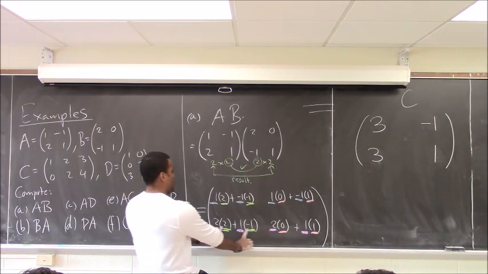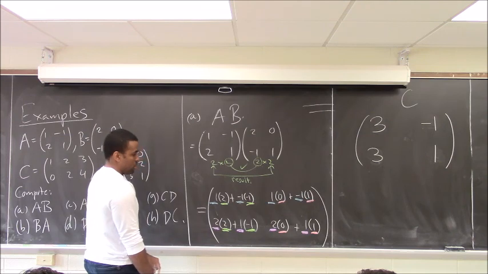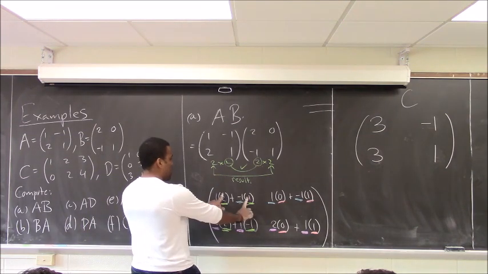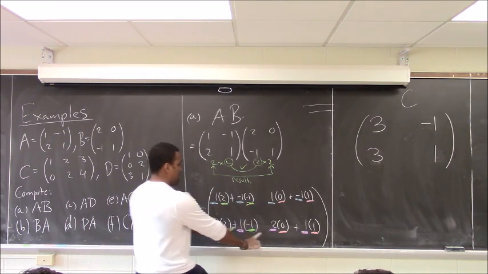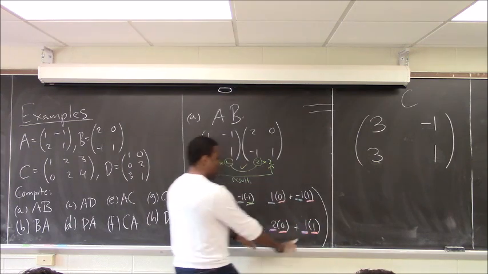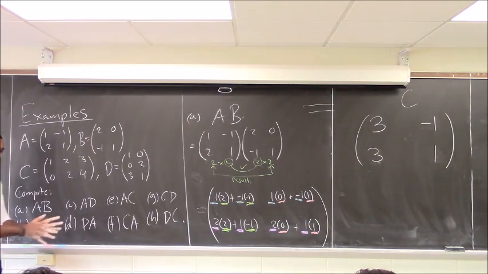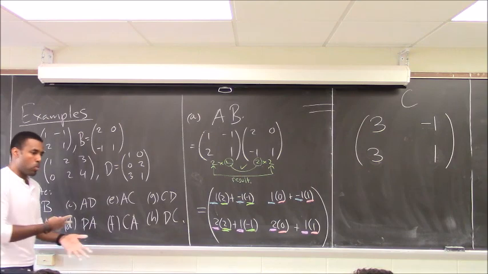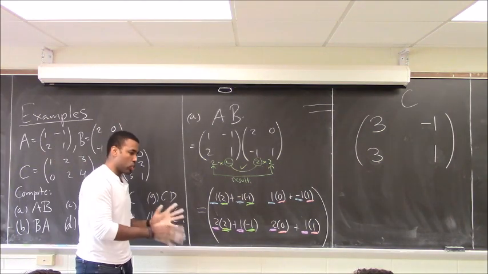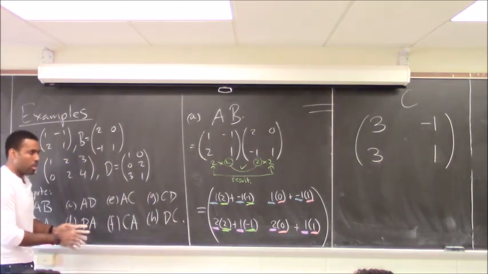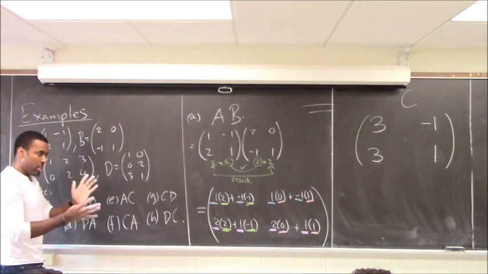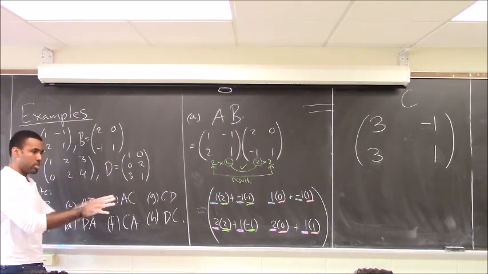So I have a 2 and a 1 and a 2 and a 1. Now in the parentheses, those match up across columns. 2 and minus 1, 2 and minus 1, 0 and 1, 0 and 1. So notice I kind of line things up in such a way that if I have to check my work, or I made a mistake, or I want to make sure that I'm not doing something silly in the beginning, there's a kind of symmetry that you can look for to know that you're putting things in the right position.